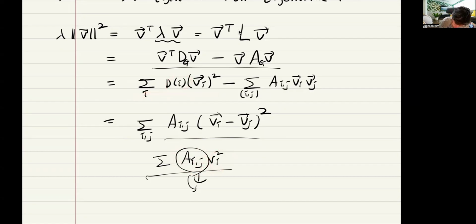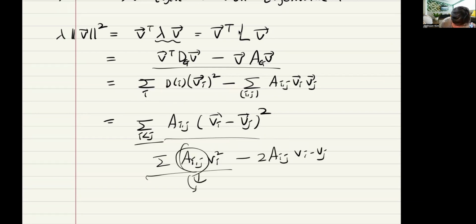And also what you get minus twice of Aij, Bi minus Bj. No, sorry. So here you only add in this manner.